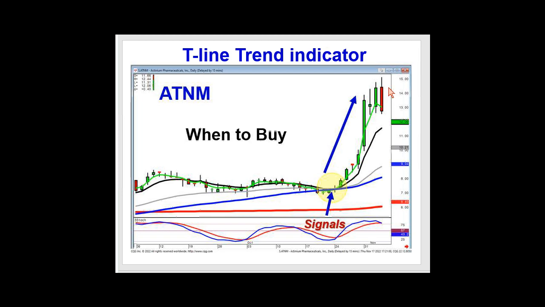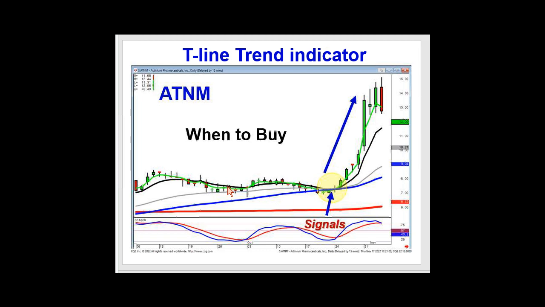So this one was a good example. If it opened positive and started trading positive, where was the logical place to put a stop? Right there at the open or the close of the previous day. Because if it came back down through there, what can we assume? The probabilities say it's selling off and eventually coming back to the T-line.